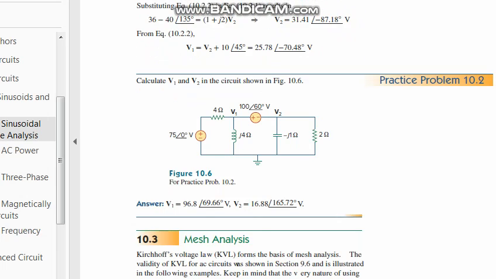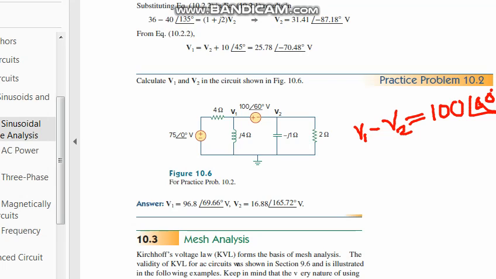There is a practice problem given here. That is also a supernode analysis, because a 100 volt source at 60 degrees has been given between V1 and V2. So first of all, take V1 minus V2 as the supernode, and that will be 100 at a 60 degree phase advance.